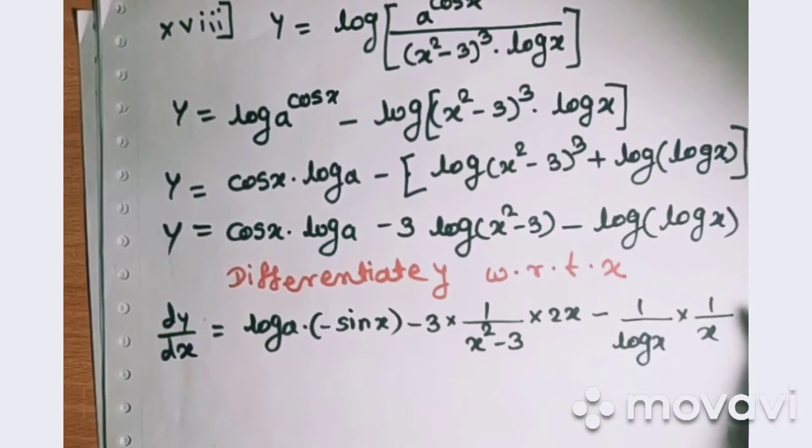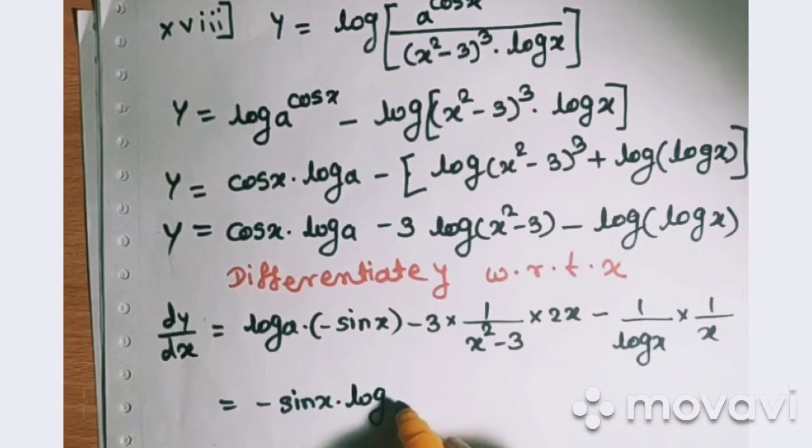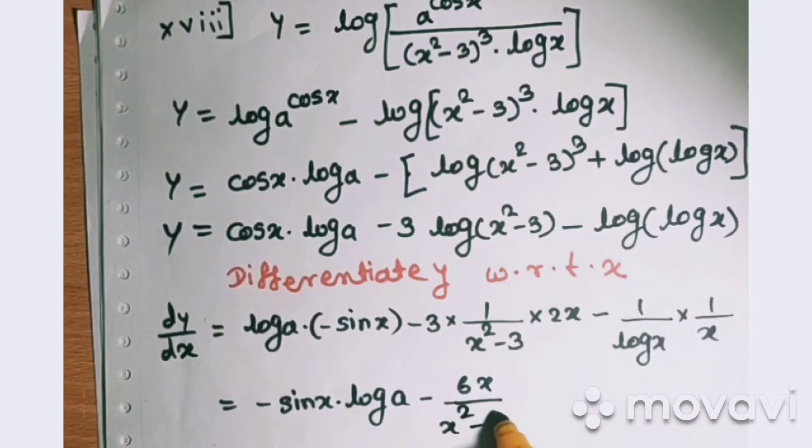Okay, this becomes dy by dx is equal to minus sin x into log of a, minus 3 into 2 is 6x divided by x square minus 3, minus 1 upon x into log of x. We have to complete it.